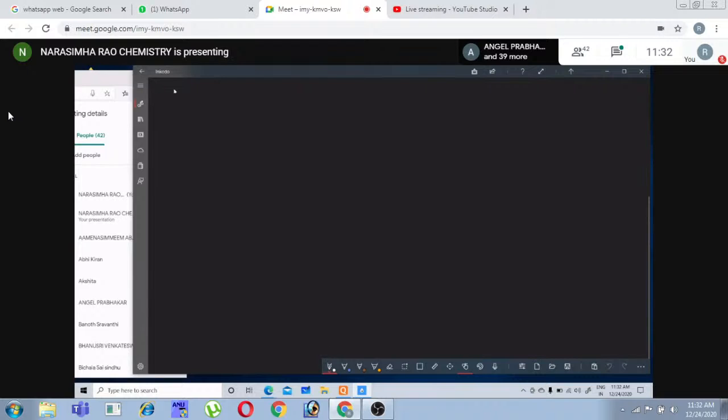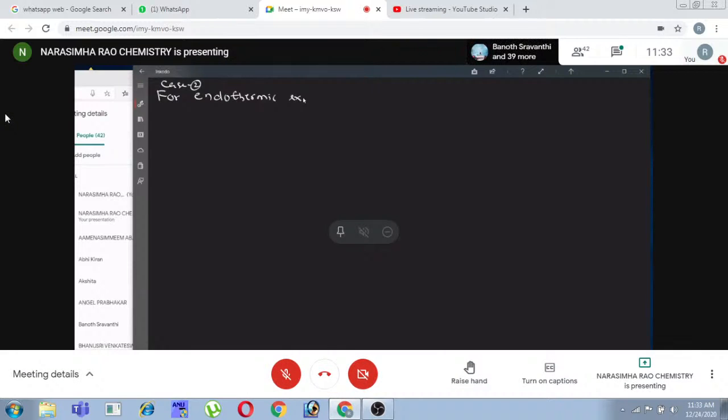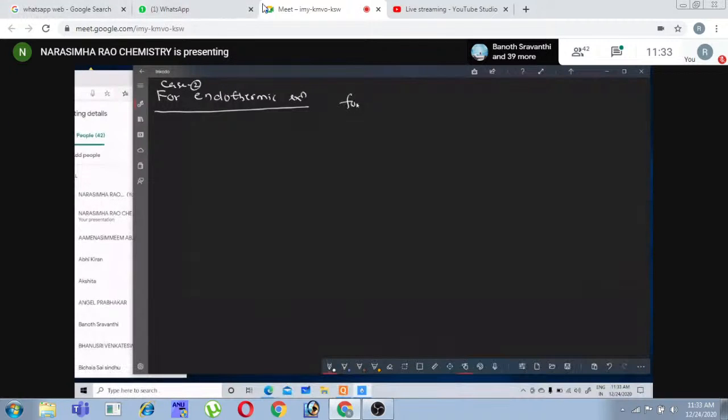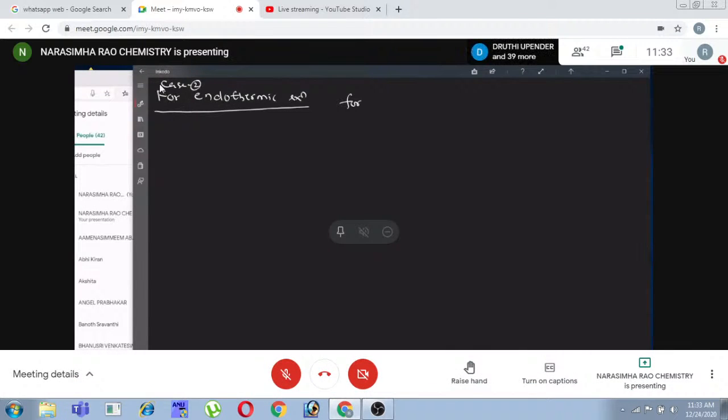Right. Now, for an endothermic reaction, case 2: endothermic reactions. For an endothermic reaction, what will be happening? For an endothermic reaction, delta H is positive, sorry.